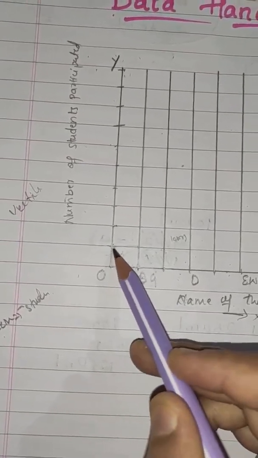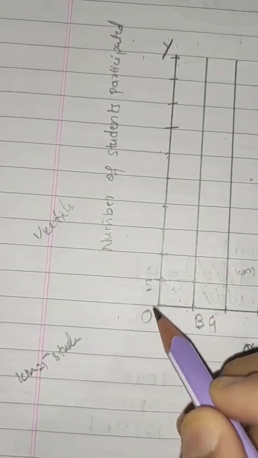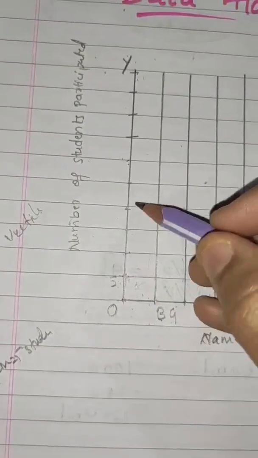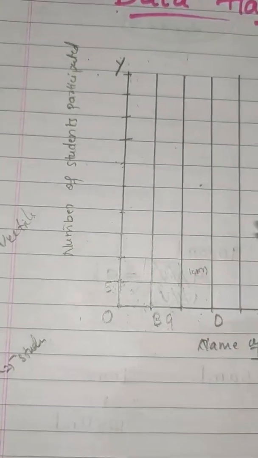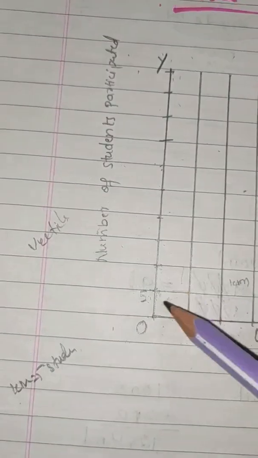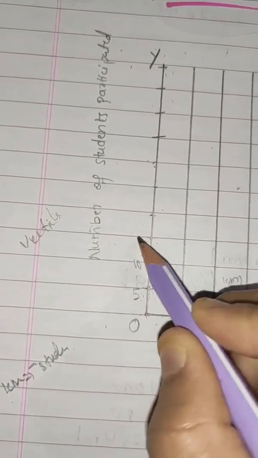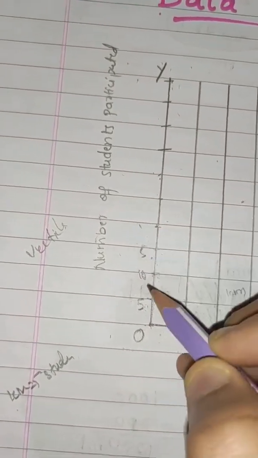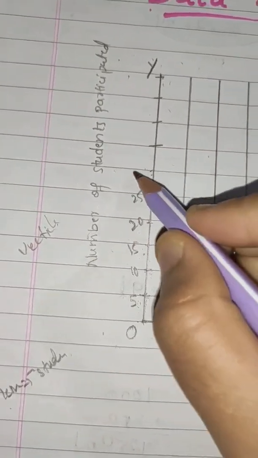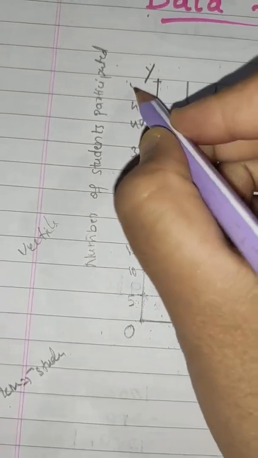So 0 to 5, I am going to write 5 here. Then if you are taking 5 here, the distance should be equal in all the lines, because we are taking 1 centimeter. So the difference should be similar. It is 0 to 5, 5 to 10, 10 to 15, 15 to 20, then 25, 30, 35, 40, 45, 50.